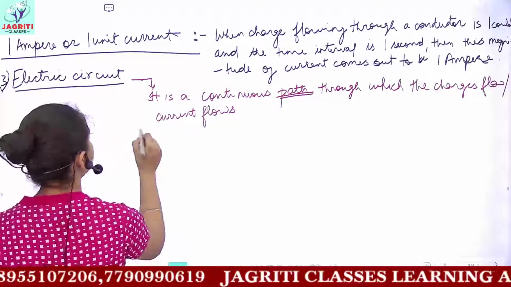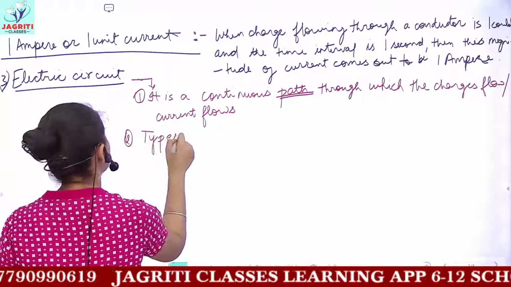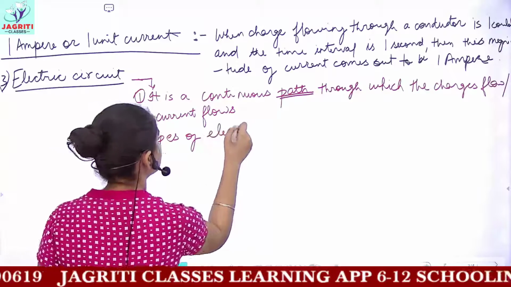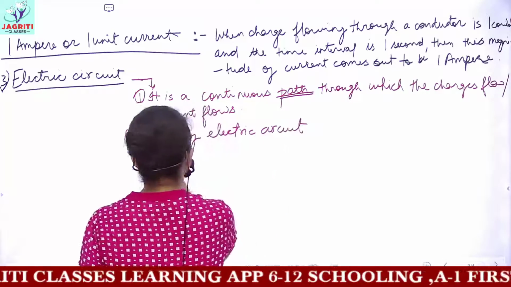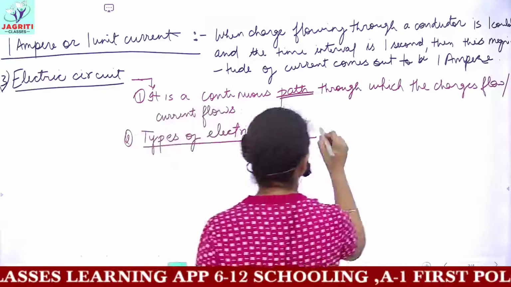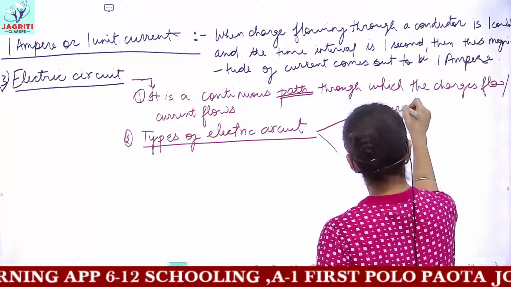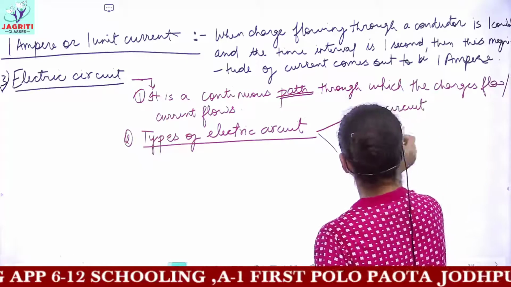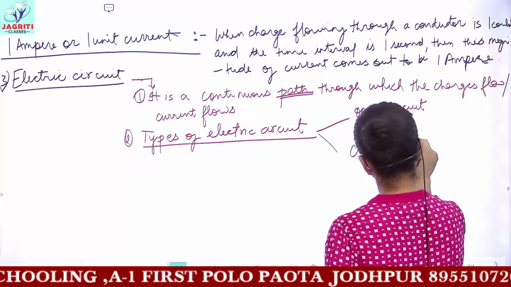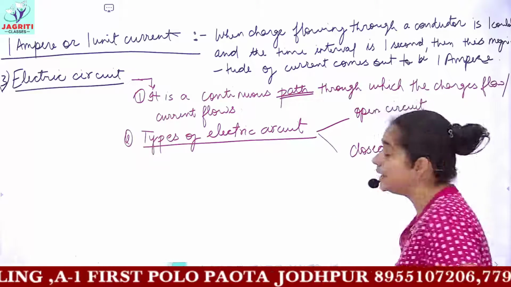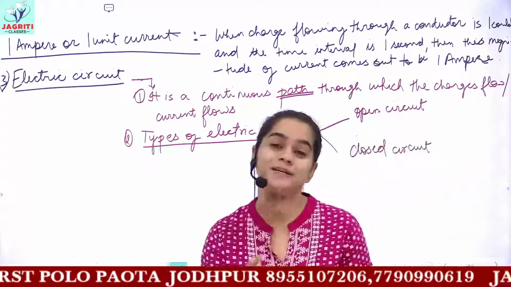Now types of electric circuit. This would be the second point. That is, what are the types of electric circuit? So you may have two kinds of circuit. The first one would be open circuit, and the next one would be closed circuit. So when you have an open circuit, then no kind of current flows through the open circuit.